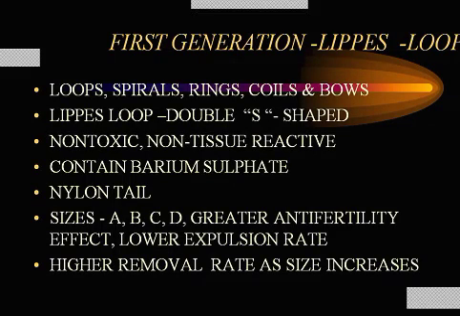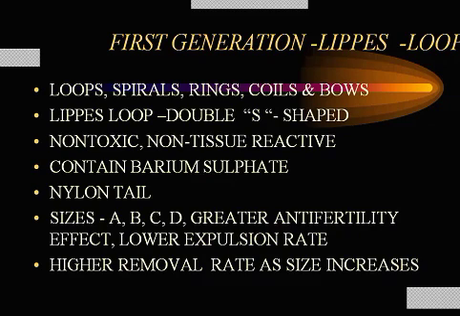So let us discuss first generation IUDs. As I already told you, they are non-medicated inert devices, most widely and commonly used. They are available in the form of loops, spirals, rings, coils, and balls.